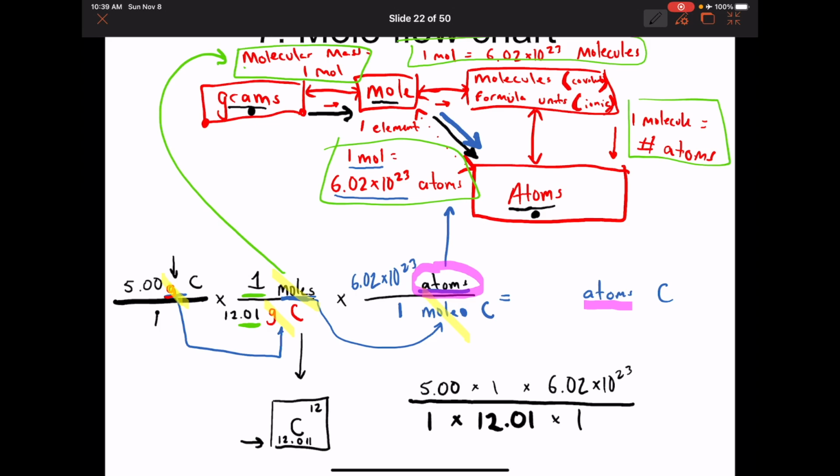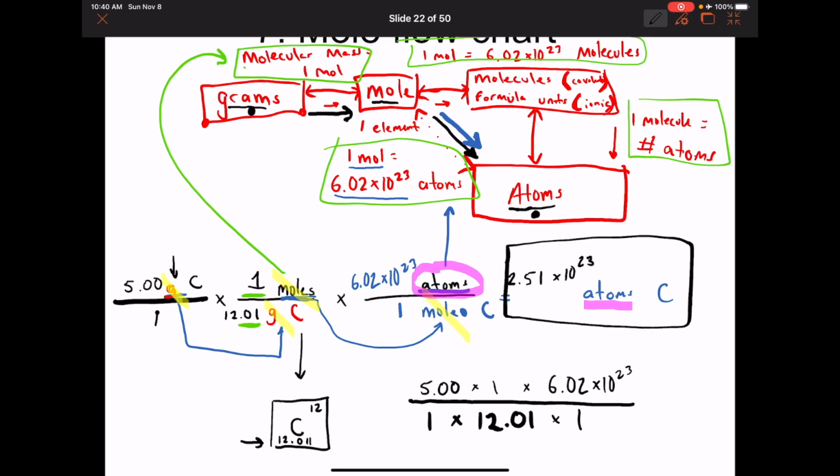Once you solve for this, that will tell you how many atoms of carbon you have. And there's 3 sig figs, so it's going to be 2.51 times 10 to the 23rd atoms of carbon. And that's how we start at grams, we go to moles, we go to atoms, and we get our answer.